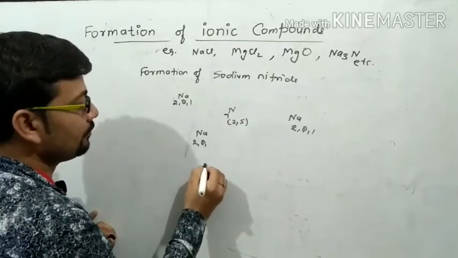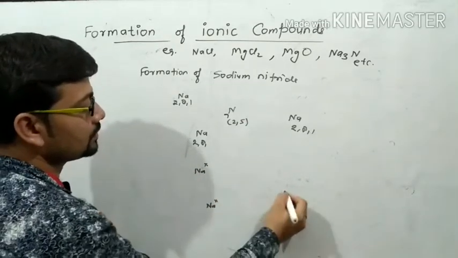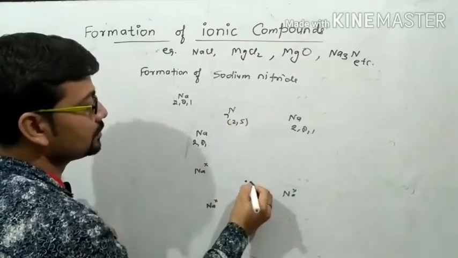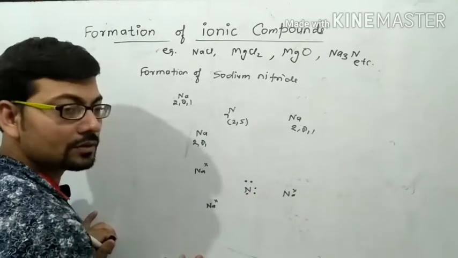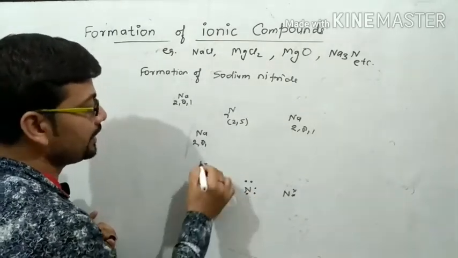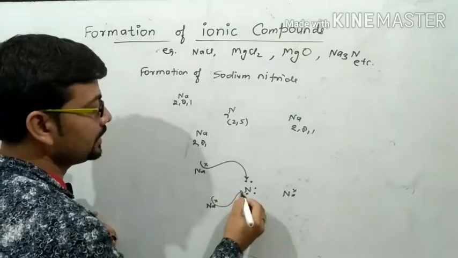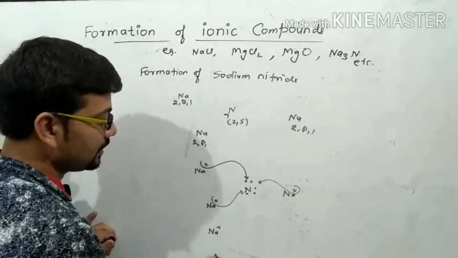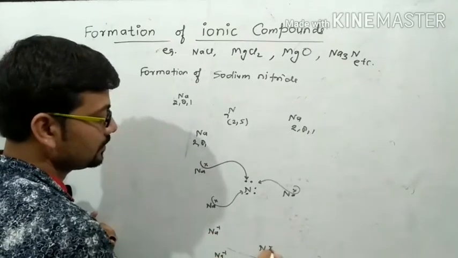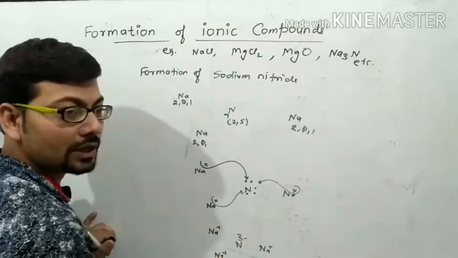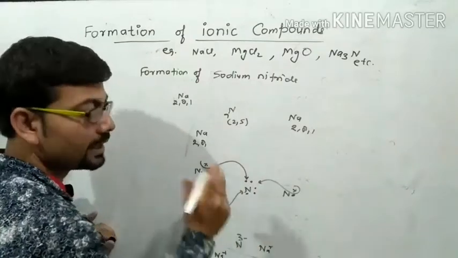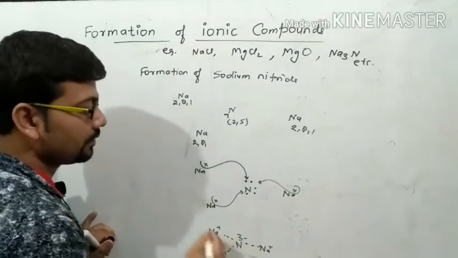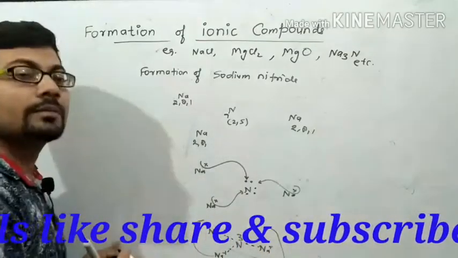So each sodium has 1 electron in the outermost shell, but nitrogen has 5 electrons. So for completing its octet, each sodium gives 1 electron. Then the sodium gets 1 positive charge and nitrogen gets 3 negative charge, because it took 3 electrons. So they are bound with an ionic bond, that is the formation of sodium nitride.